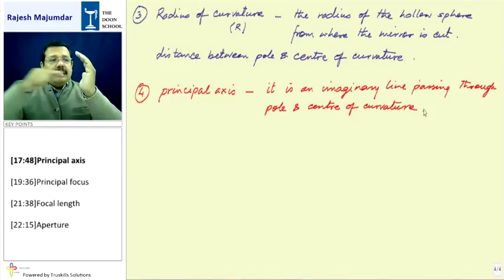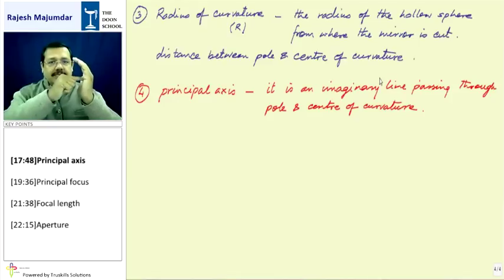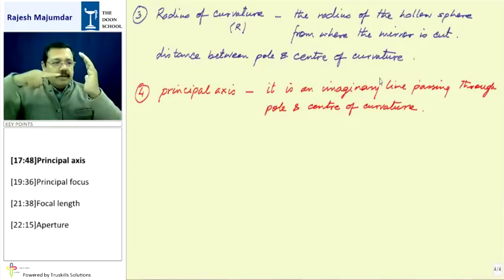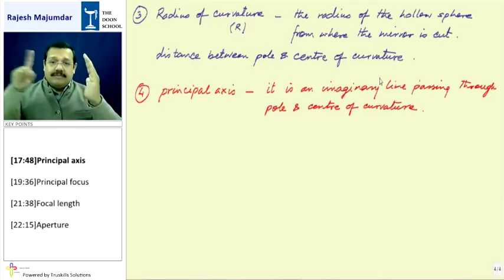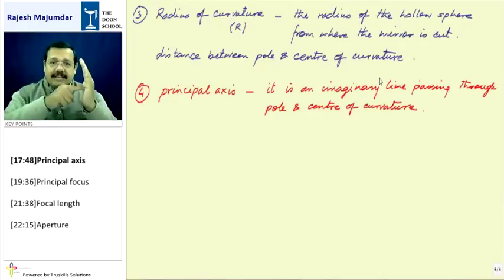So the imaginary line which can be assumed to be passing through the center of curvature and the pole, that line is principal axis. You have to imagine that there is a line which is existing, and that line meets the mirror in a perpendicular direction, because this is nothing but the diameter or the radius, and radius will always meet a point on the circumference at 90 degree.